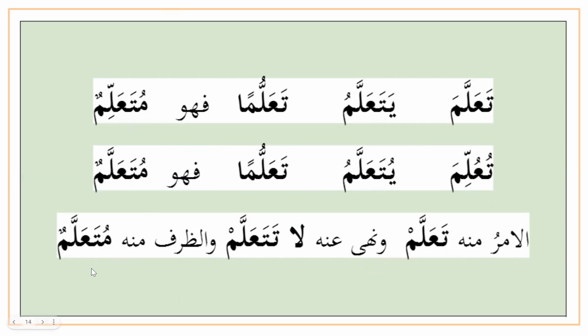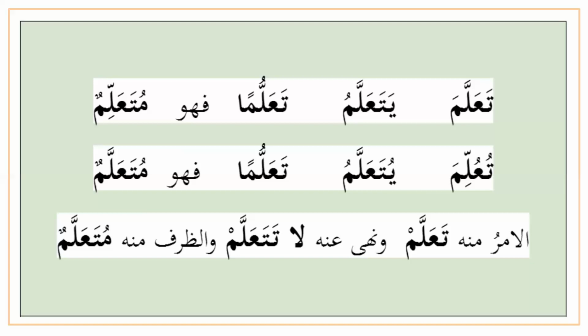This is very important. It looks like you are repeating again and again, but if you really want to excel, it is very important to do it again and again. For every family, if you learn this pattern for just one fi'l, for family 5 ta'allam, if you memorize or practice so much for this sarf saghir, then you can come up with it for any fi'l, any new word which has 3 letters.